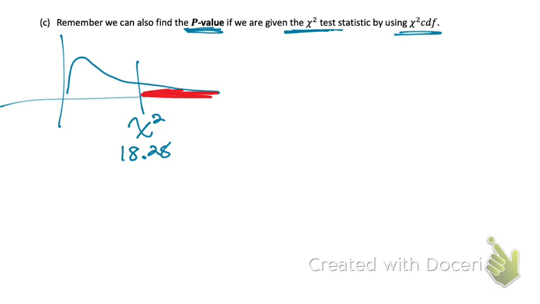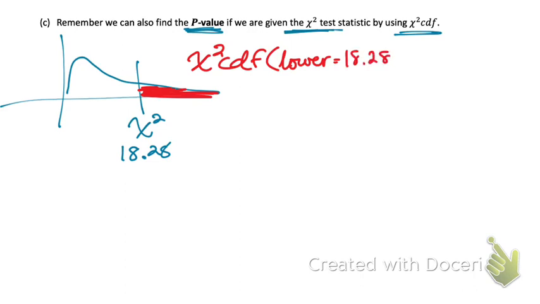Remember, you can use chi-squared CDF under second vars. Your lower boundary would be the chi-squared value. What would your upper boundary be? And what would your degrees of freedom be? 4.